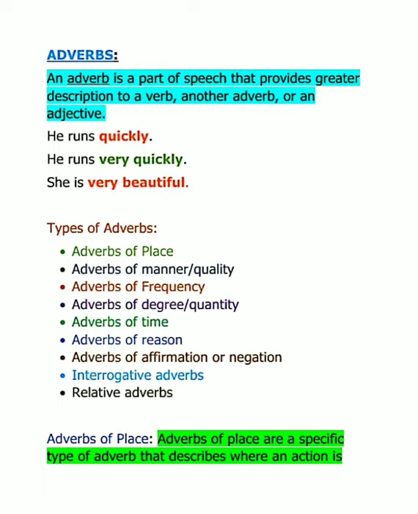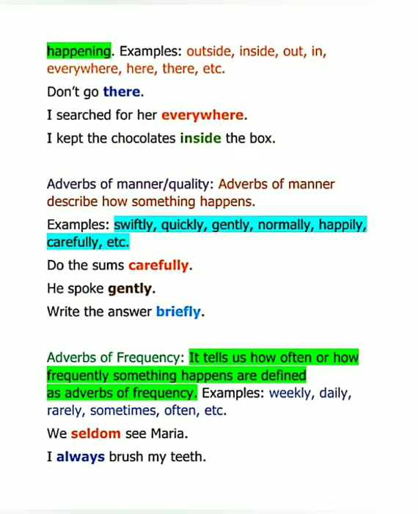So these are the types which are there in your syllabus. Okay, so today we will only read up to, or rather know up to, interrogative adverbs. Okay, so let's start with adverbs of place.